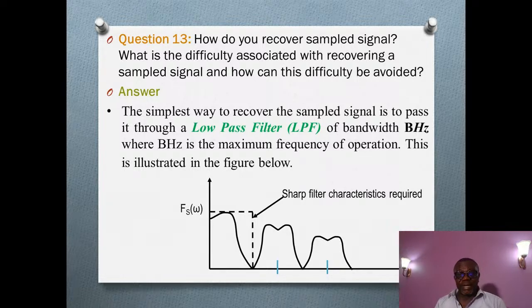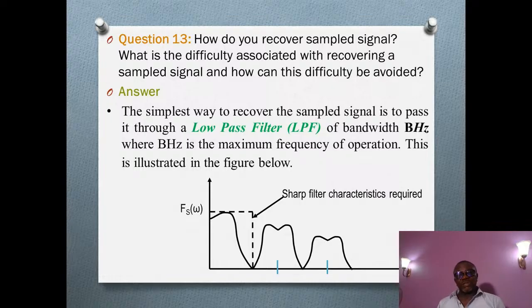So, we are saying that this filter, under normal circumstances, which is sampling at the Nyquist rate, must have sharp cutoff characteristics to be able to capture the signal. If you look at that dotted line, which is the filter edge, it comes exactly when one signal ends and the other begins.